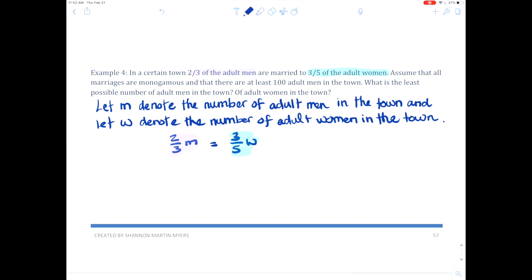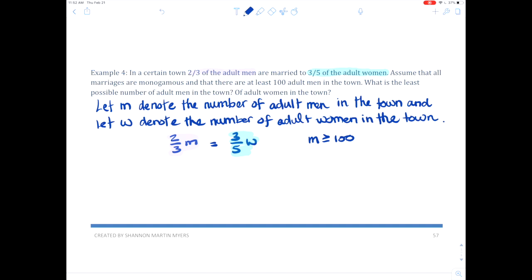Okay. So what else do we know? All right. We know that M has to be greater than or equal to 100, right?